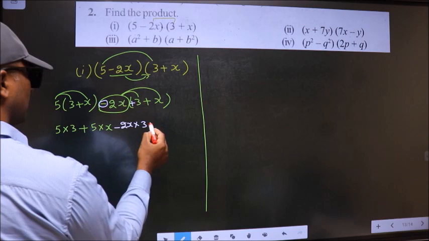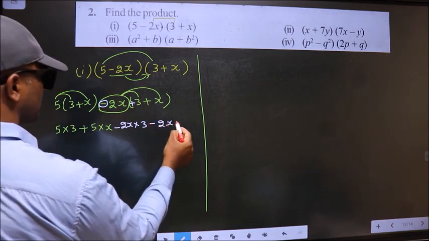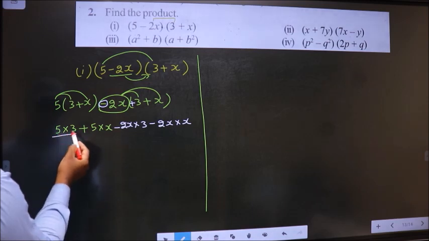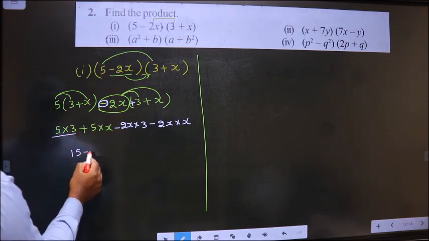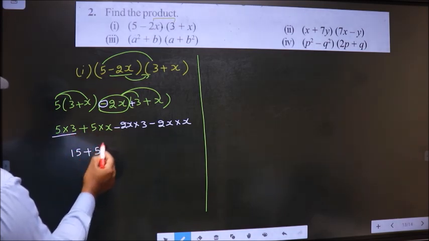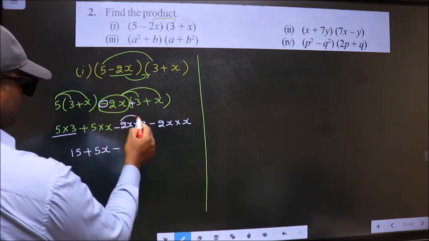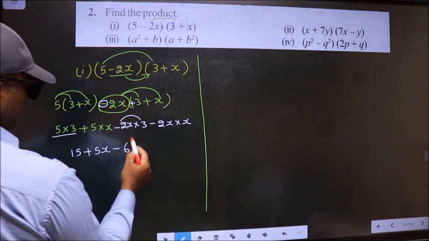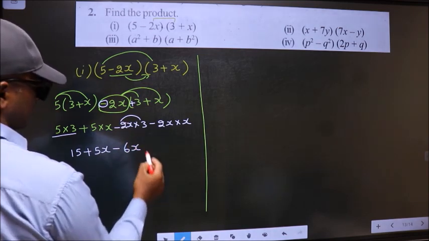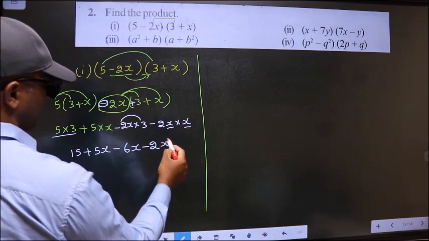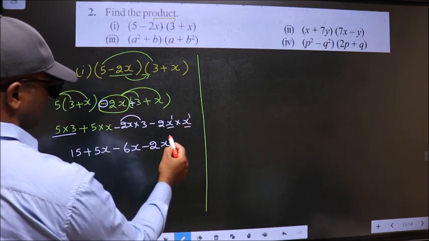Now minus into plus, minus 2x into x. Now here 5 into 3, 15 plus 5, only one letter x, so x, minus 2 into 3, 6. x appeared only once, so x, minus 2, x into x, x, add the powers, 1 plus 1, 2.